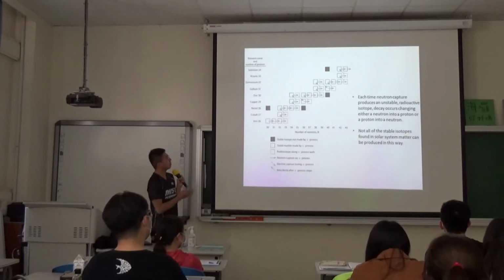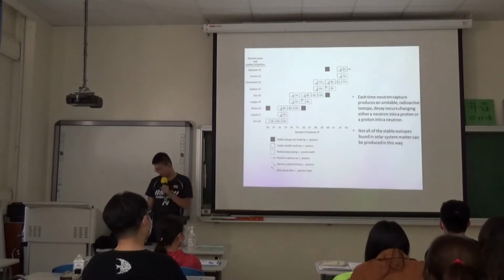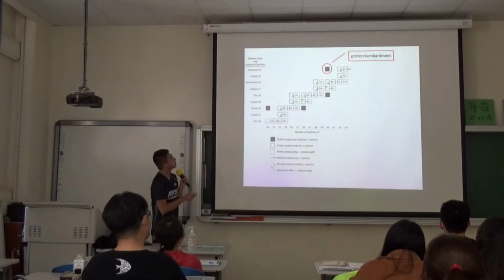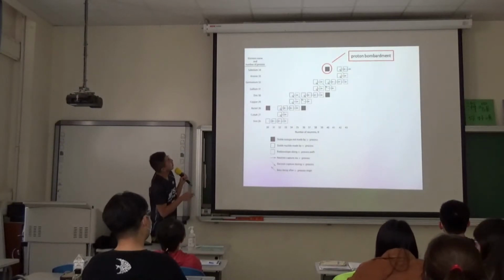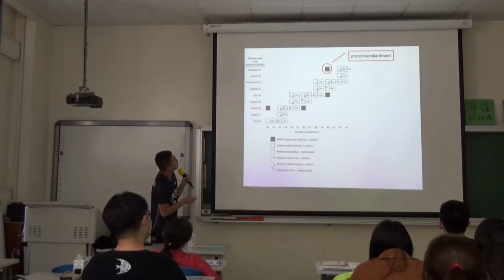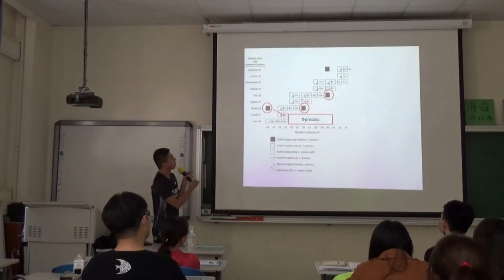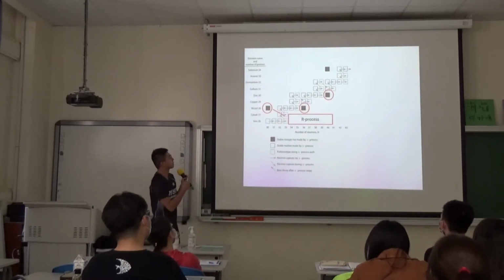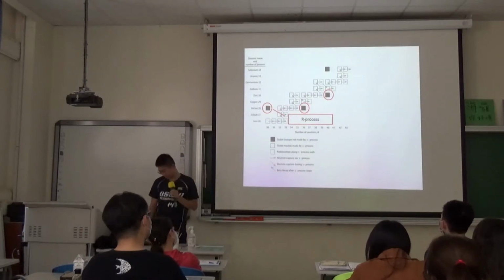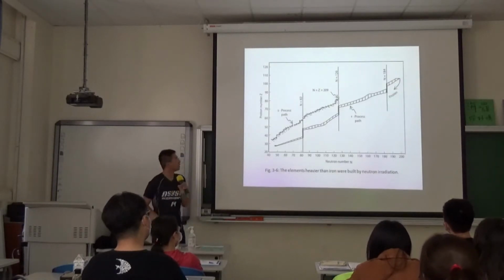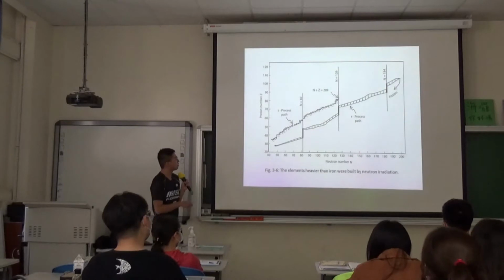But not all of the stable isotopes found in solar system matter can be produced in this way, such as this one, which is produced by proton bombardment, and down here are produced by the r process.